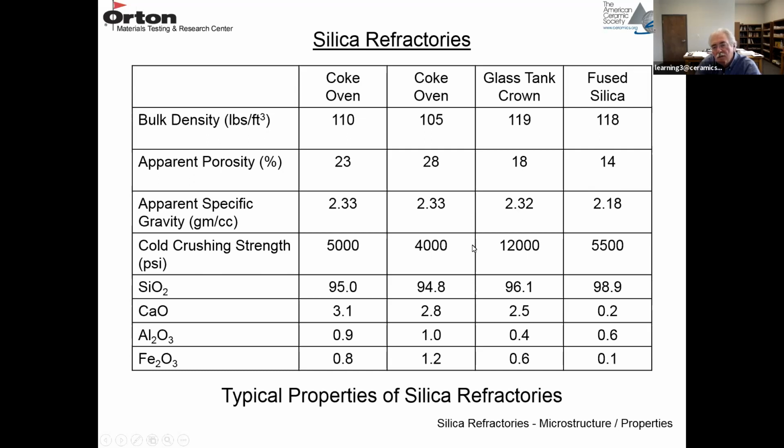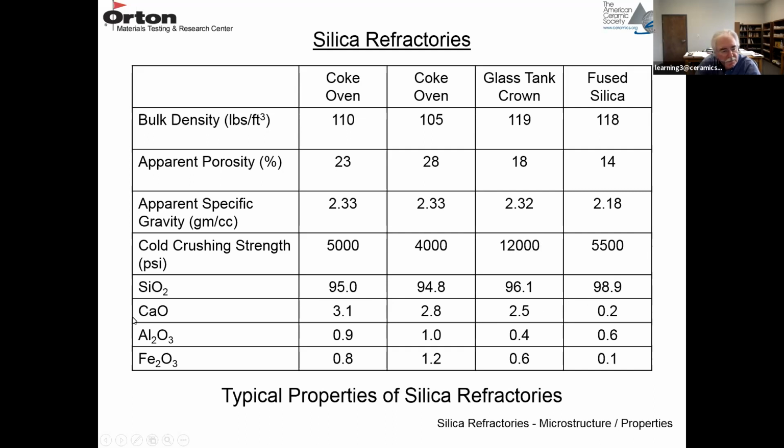And this one, because it has lower porosity, we mentioned porosity lowers mechanical properties, so decrease the porosity, the strength goes up. The fused silica is also about 5,000. And here are the chemistries. The coke oven silicas are about 95%. The glass crown is a little purer, 96%. And the fused silica is closer to 99%.